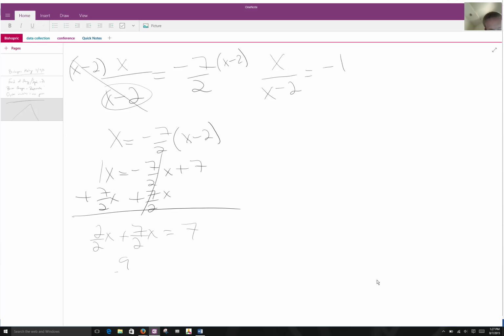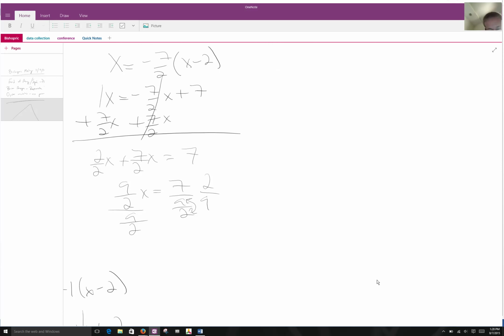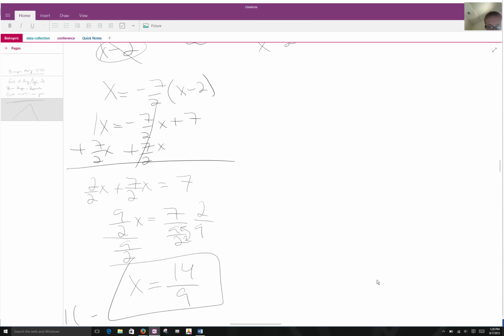So what that's going to get us is 9/2 x equals 7. Divide the 9/2 to the other side. Okay. And dividing by a fraction, by the way, is just the same thing as multiplying by its reciprocal. So we're basically going to get x is equal to 14 over 9. Okay, that's one of our solutions that you're going to enter into Acellus.